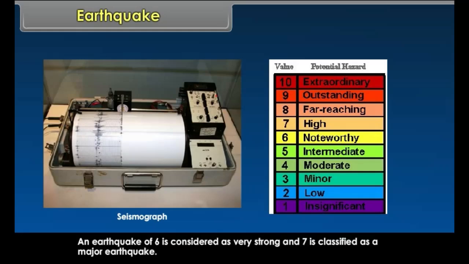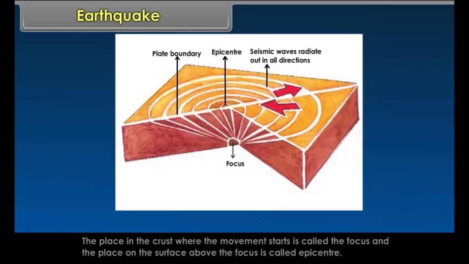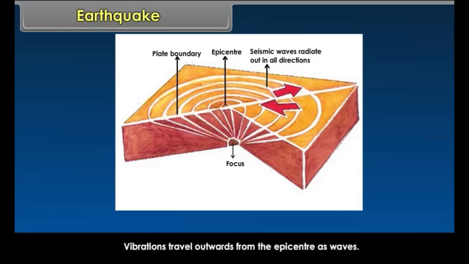An earthquake of 6 is considered as very strong, and 7 is classified as a major earthquake. The place in the crust where the movement starts is called the focus, and the place on the surface above the focus is called epicenter. Vibrations travel outwards from the epicenter as waves.